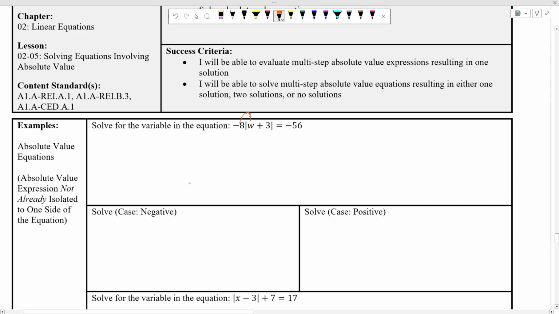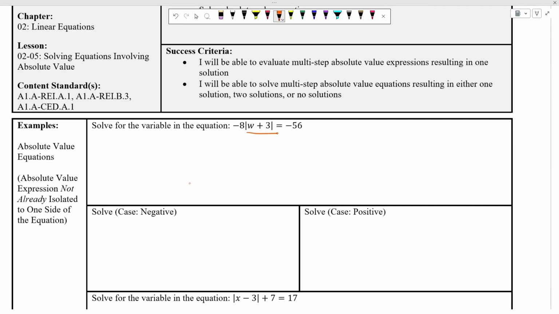Do not look at this as parentheses for which you can distribute. Do not get confused with what's in here, until it is isolated.